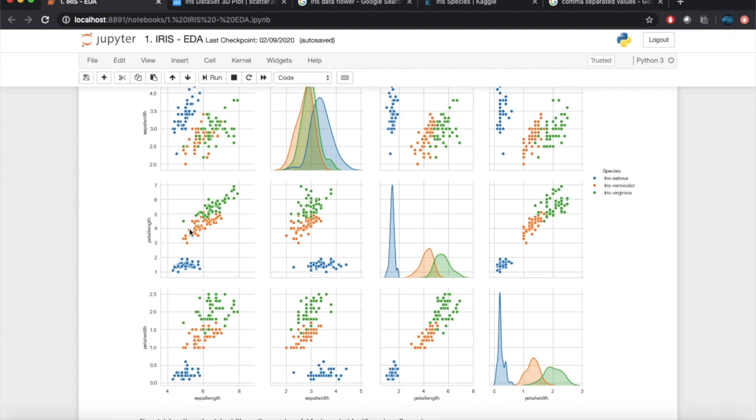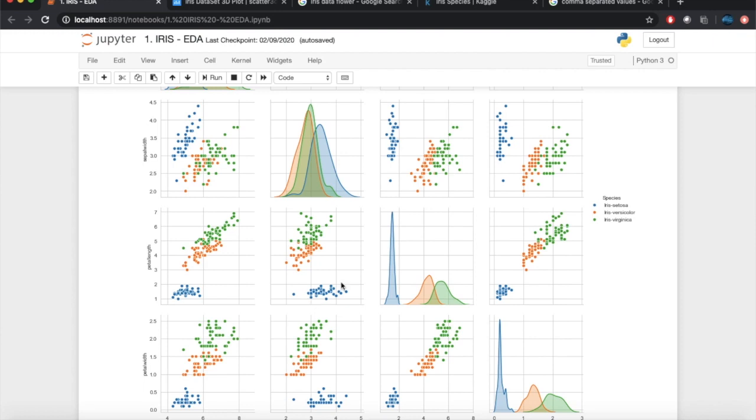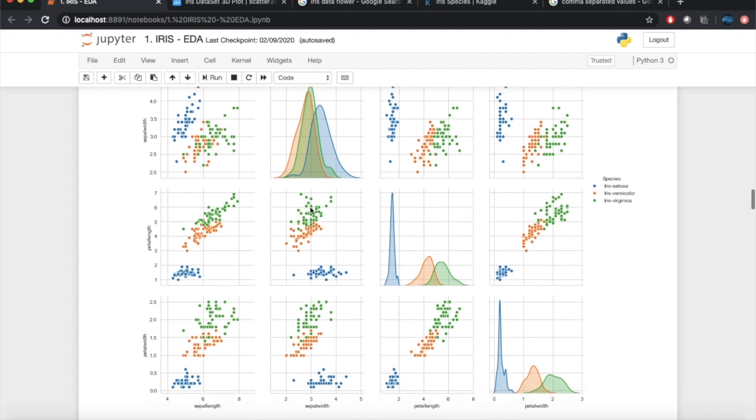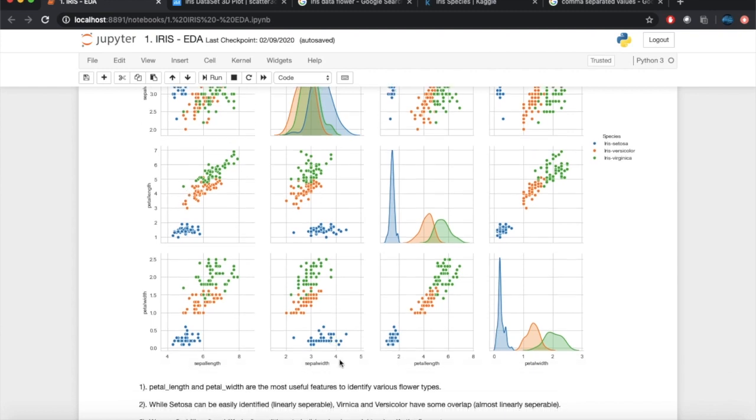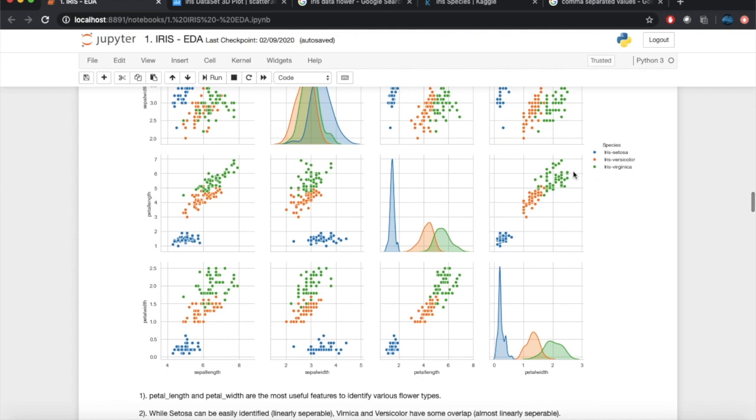This graph has its y-axis as petal length and x-axis as sepal length. I doubt you are getting it. For example, this graph has a y-axis of petal length and x-axis of sepal width. This graph has a y-axis of petal length and its x-axis of petal width.